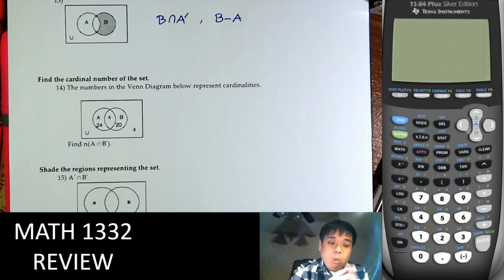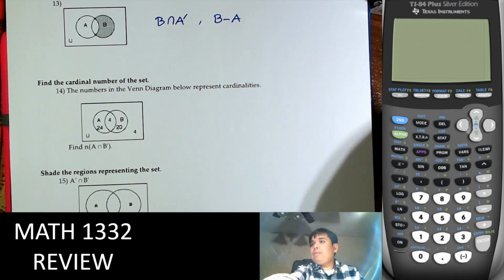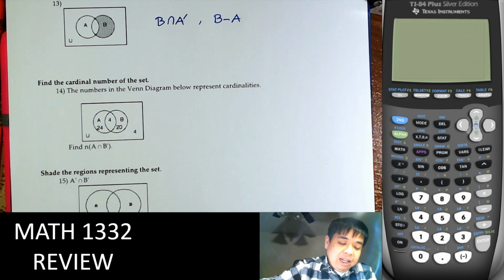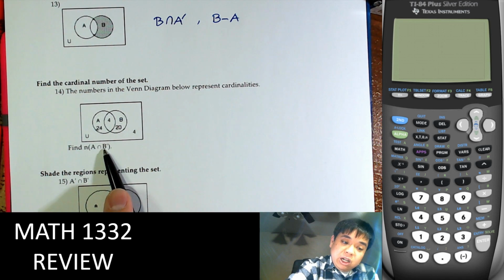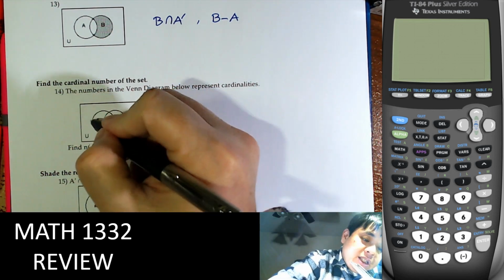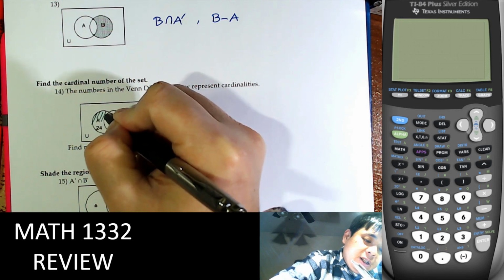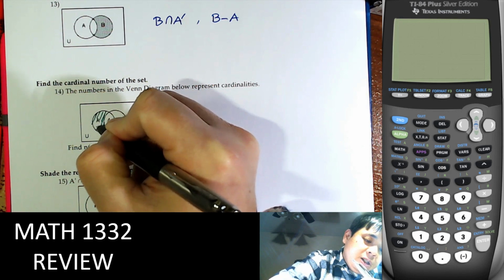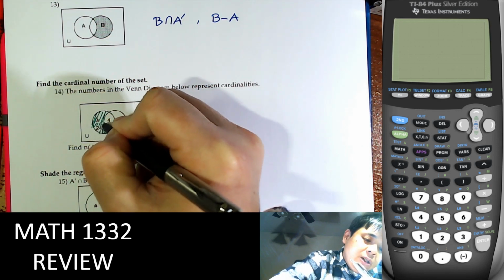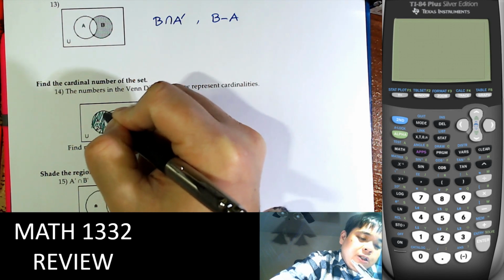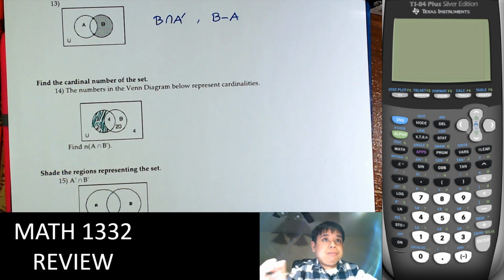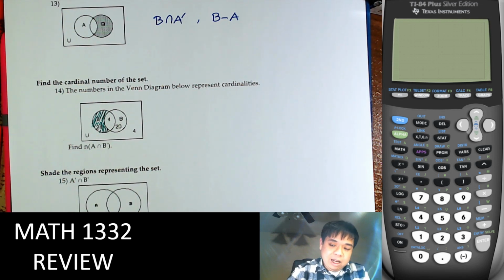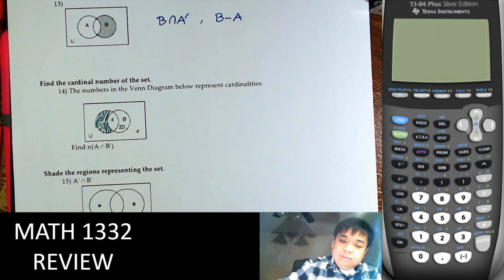So A intersect B complement means it's going to be in A for sure, but not in B. So in that case, we talk about this here. So it's in A, but not in B. So the answer for this is just 24.